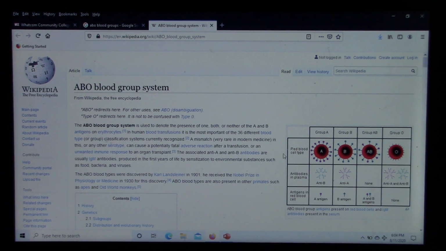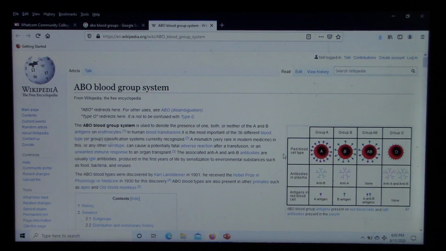Because O positive can still cause the production of anti-D, which then can cause a future blood transfusion reaction. One of the symptoms of a blood transfusion reaction is a sense of impending doom. Think about that for a second. Things are not going well.